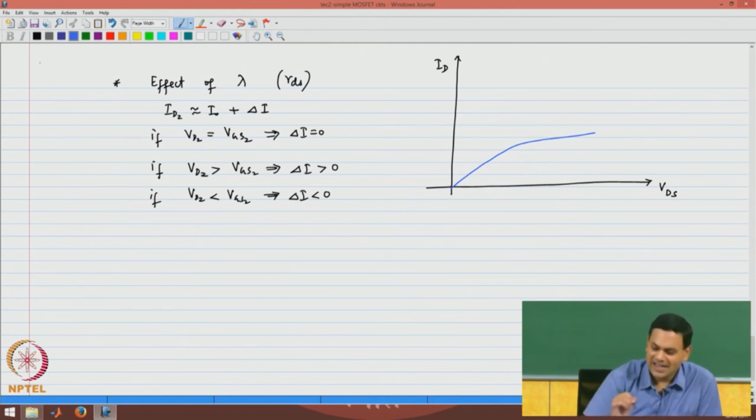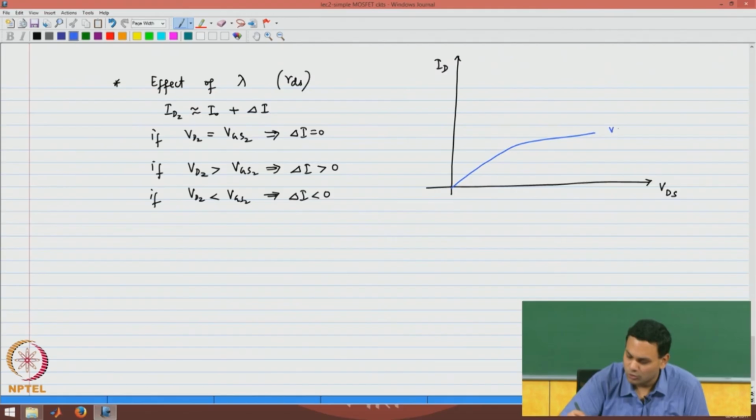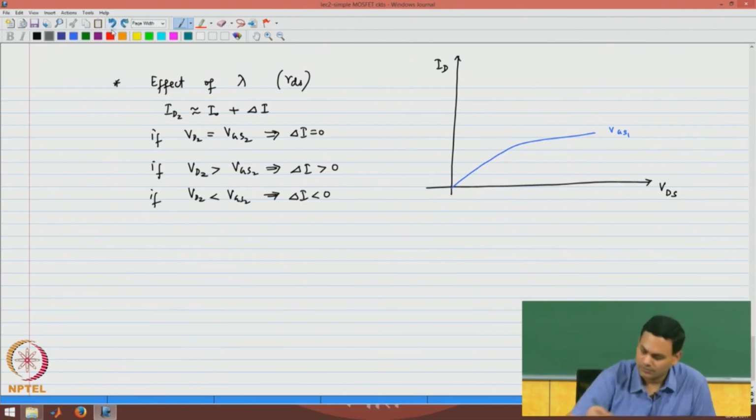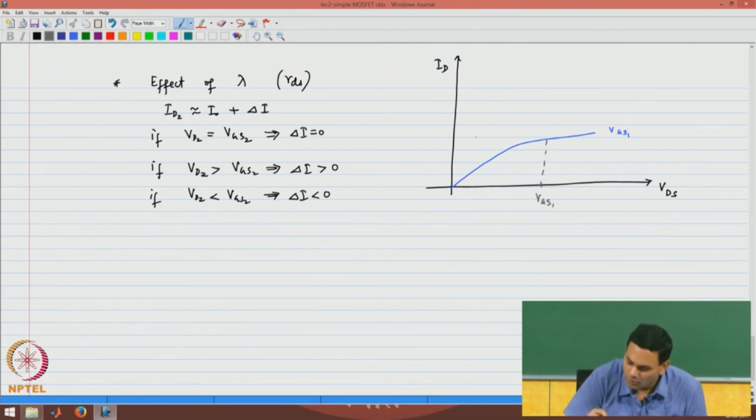Now, on the same curve, let us say this corresponded to a gate source voltage VGS1, this curve. On this curve, M1 is located at a drain source voltage equal to VGS1. This is the operating point of M1, and that will happen at a current I naught.